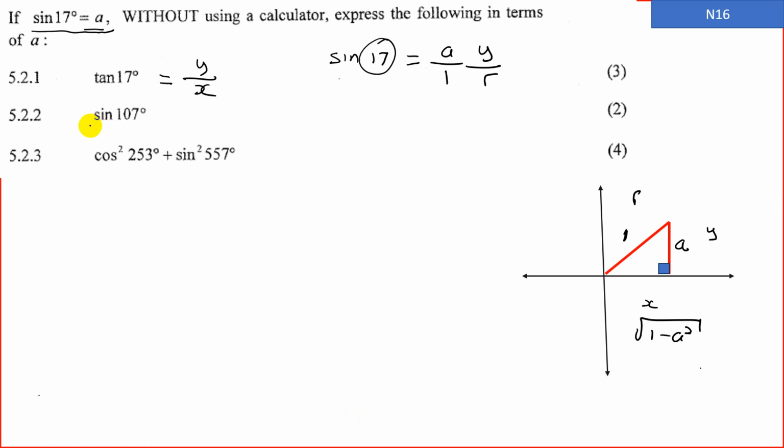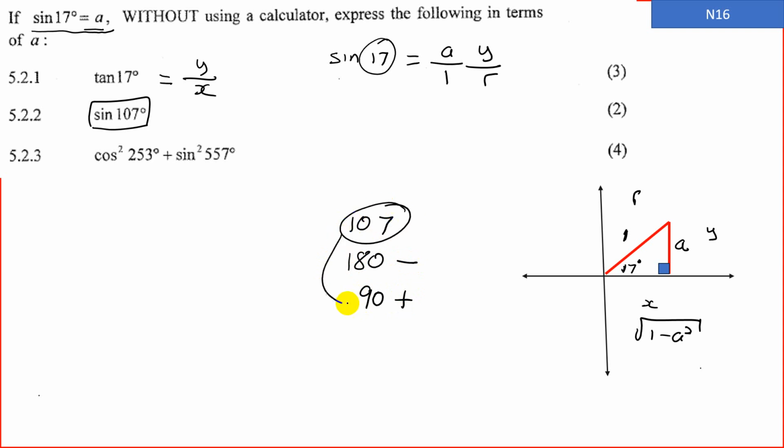Okay, the next question is to find sine 107. Just to remind you, the angle in this diagram is 17, so this diagram helps us with 17 degrees. I want to express 107 in a form that gives me 17: either 180 minus, or 90 plus, due to reduction formula and co-ratios.